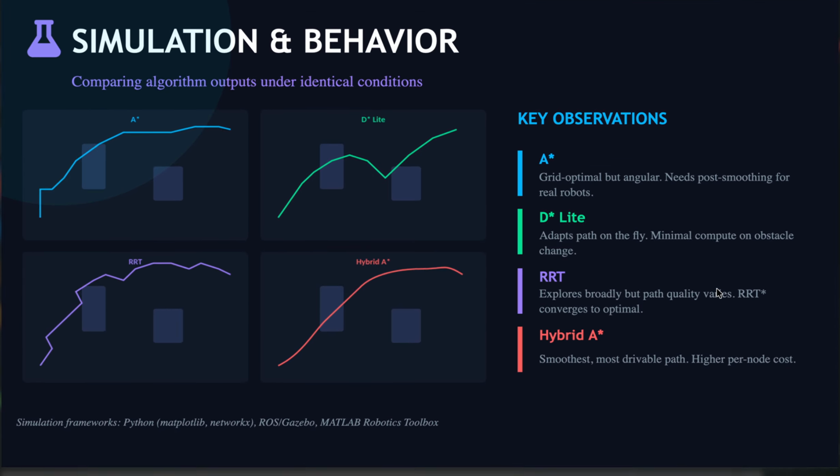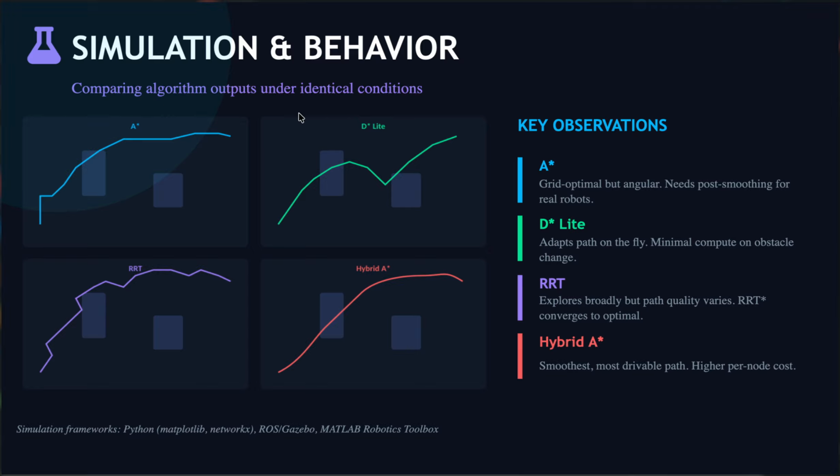Now here's the simulation and the behavior. So comparing all the algorithmic outputs, we see how A star performs as compared to D star, as compared to RRT, as compared to hybrid A star. Key observations: A star is grid optimal but is angular, meaning a sharp angular turn is made here, and then it tries to follow a smooth path, although you see a lot of turns being made.